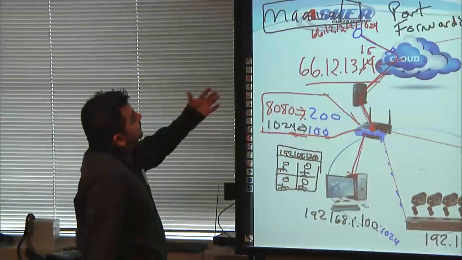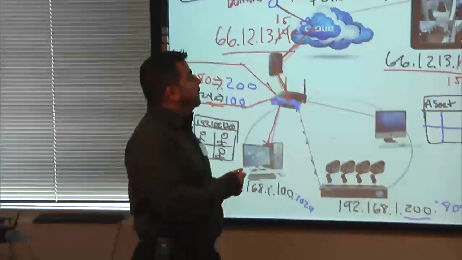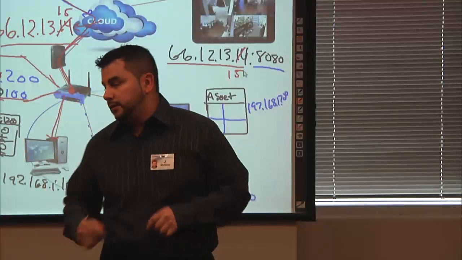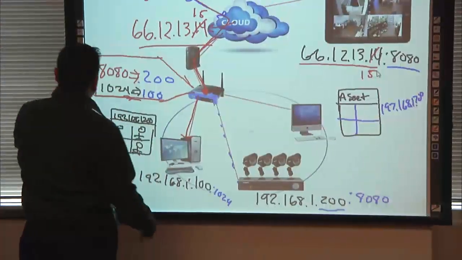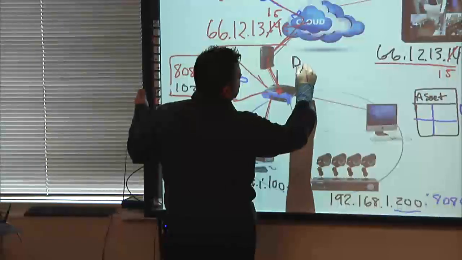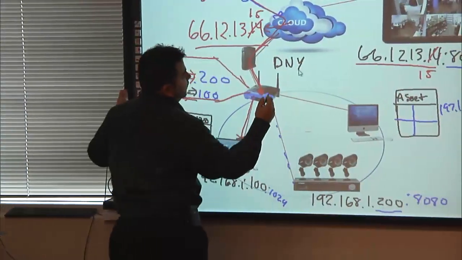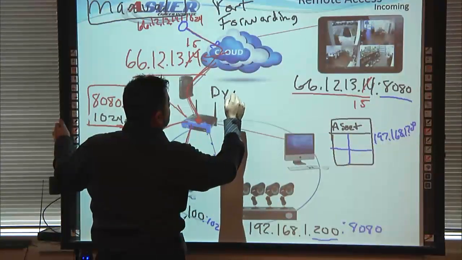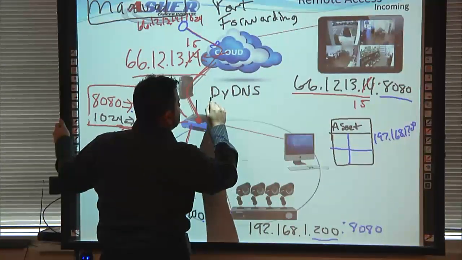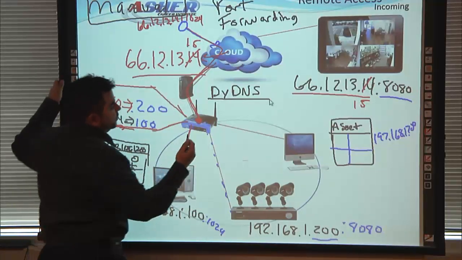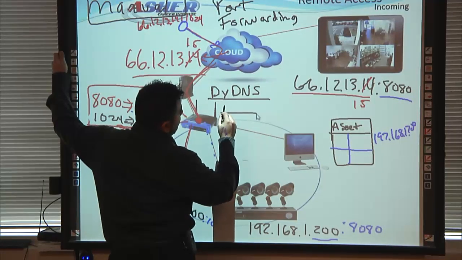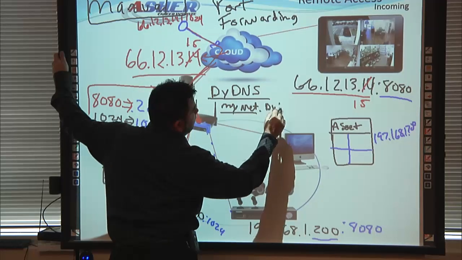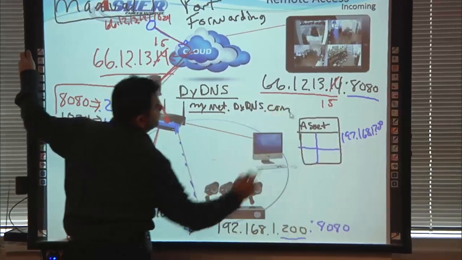All right, there's a system that can take a DNS name and attach it to your IP address. For instance, DynDNS is a free DNS service where you sign up with a username and password, and they'll give you a name, something like mynet.dyndns.com.